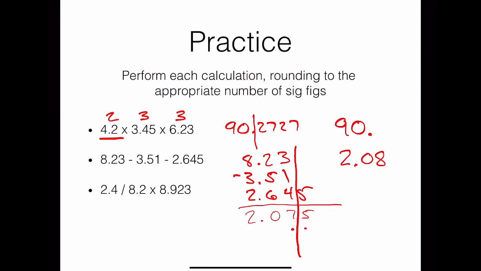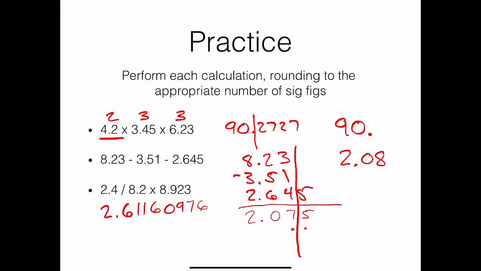And then in the last one, we're looking at two different mathematical operations, but they fall into the same category because in both multiplication and division, you're looking at the number with the least number of sig figs. So if we put this in our calculator, 2.4 divided by 8.2 times 8.923, what we get is 2.61160976.